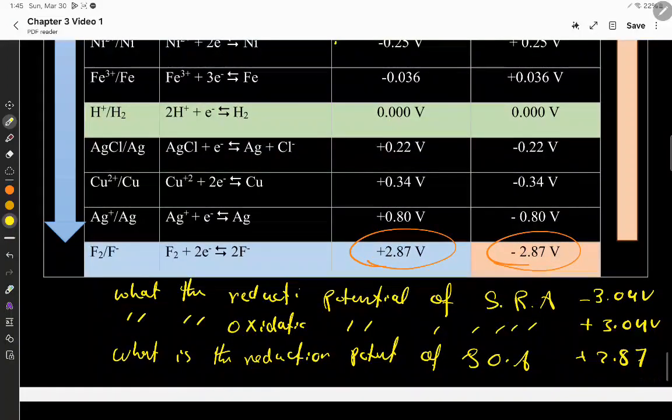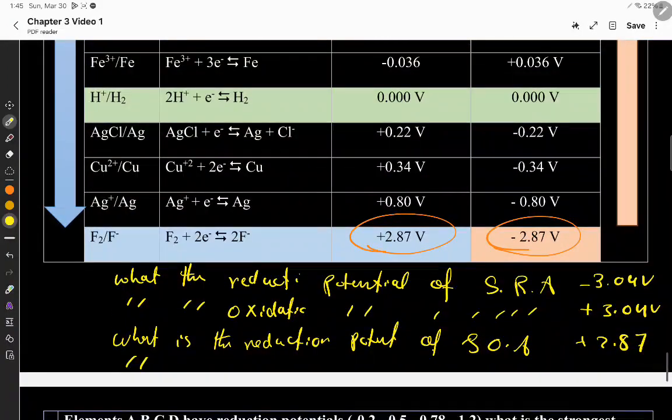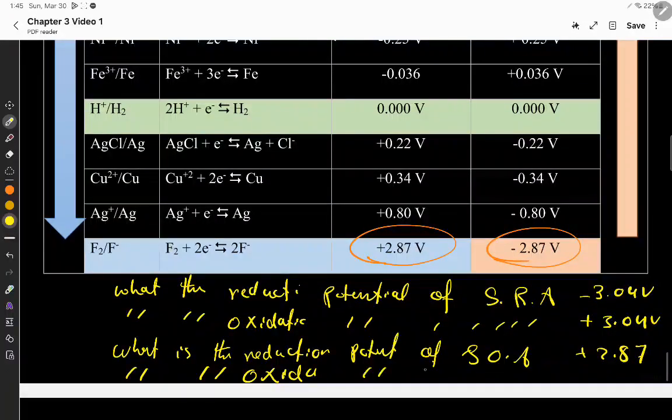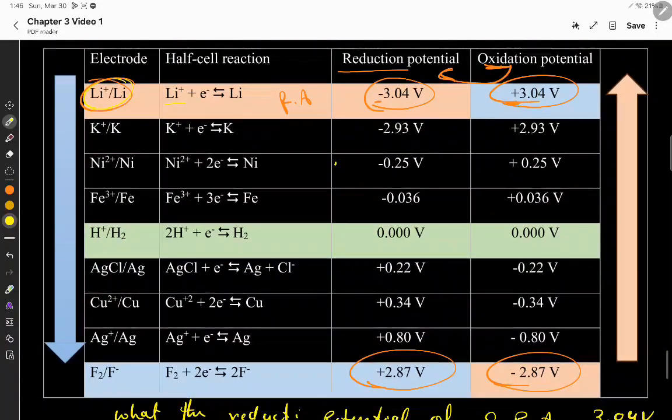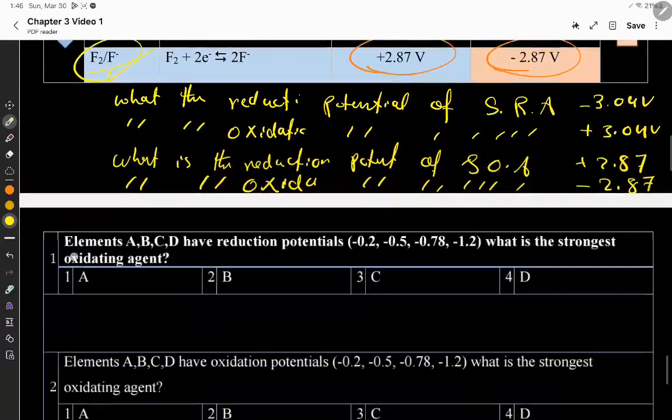If the question tells you what is the oxidation potential of the strongest oxidizing agent, that's going to be negative 2.87. You should memorize that lithium is the strongest reducing agent and fluorine is the strongest oxidizing agent. Or in any question, if they tell you what is the best oxidizing agent, you will say fluorine.